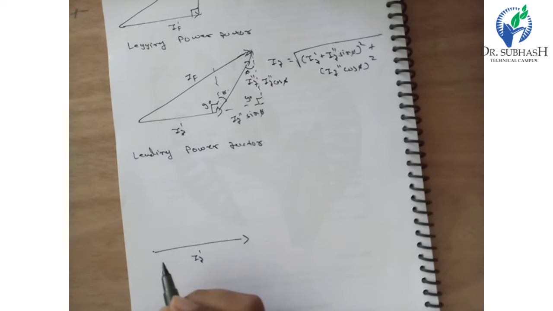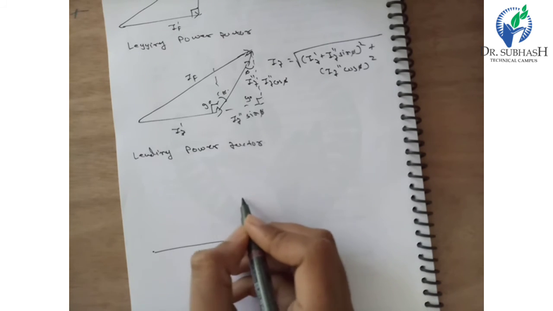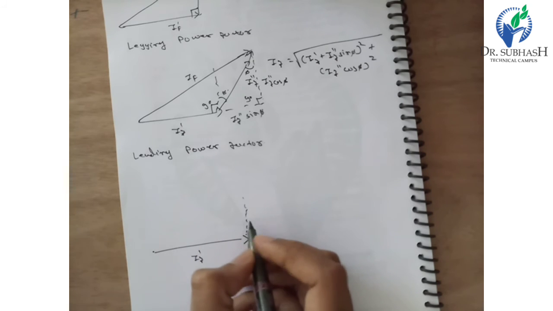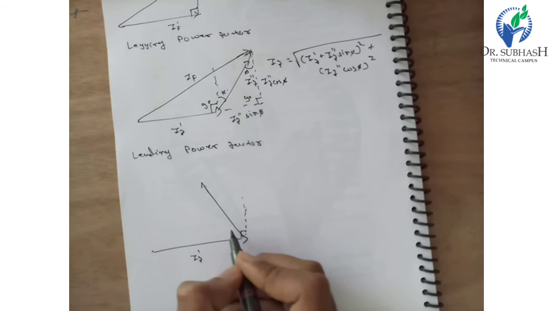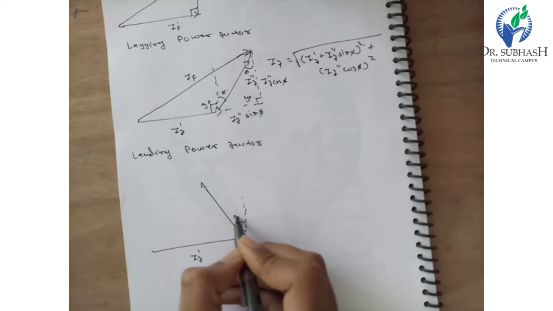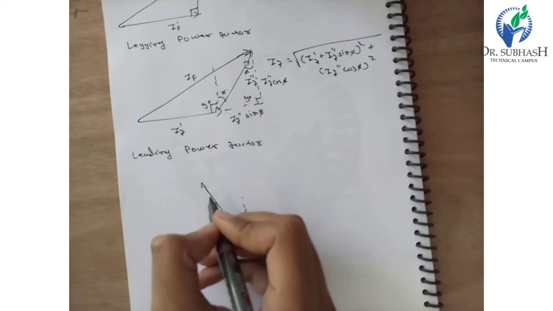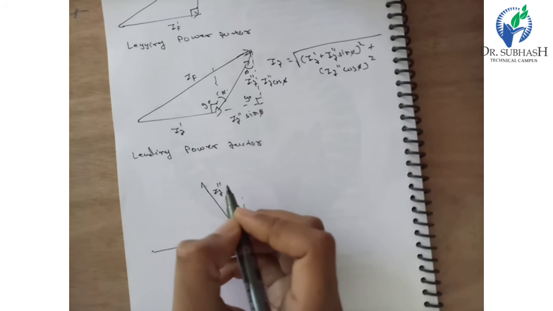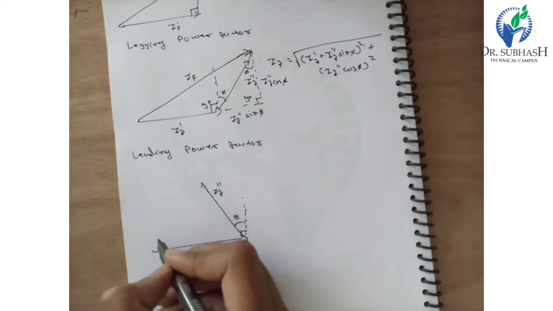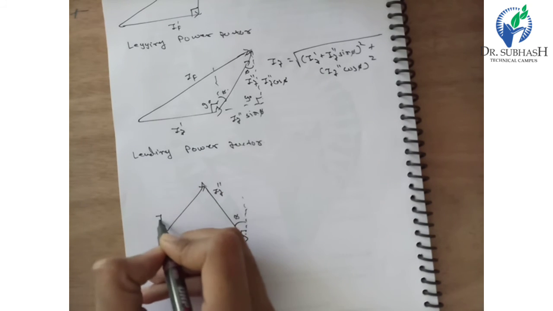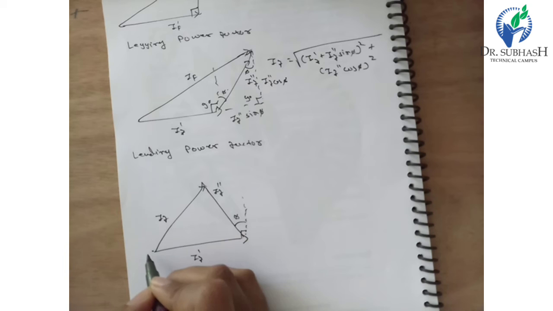IF double dash is drawn at the tip of IF dash, leading by angle 90 minus phi. So the angle between the 90 degree and 90 minus phi is phi degree. The 90 minus phi angle is the IF double dash. The resultant IF is thus obtained by connecting them.